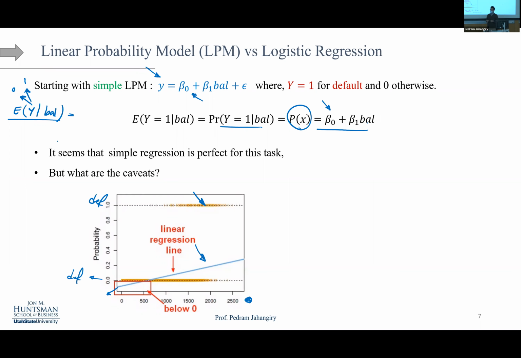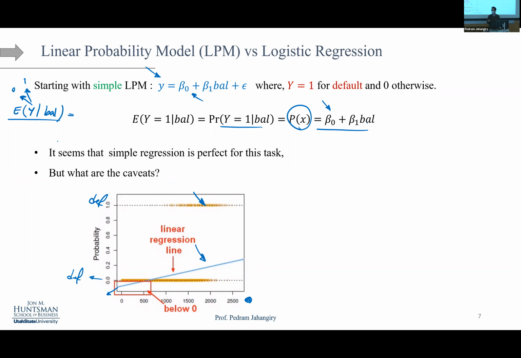So by definition, the linear probability model is heteroscedastic. Because remember, the variance of a binary variable is going to be p times q, the probability of success multiplied by the probability of failure, times n, the number of trials, let's say. So by construction, the linear probability model is heteroscedastic. Because of these two problems, we don't like it, right?